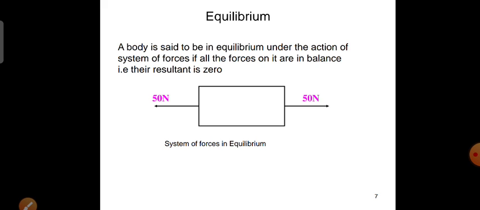So even though you apply a number of forces, if the body is still in stationary condition only, then we say that it is in equilibrium condition. That means the effect of all the forces on that particular body is becoming 0. So when the effect of all the forces on the body becomes 0, then definitely there will be no change in the state of the body.